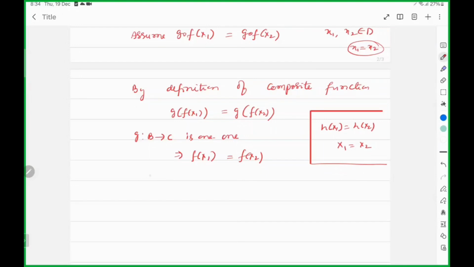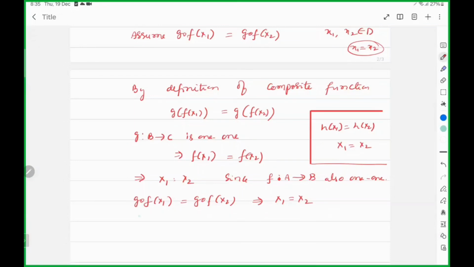Now, this implies again x1 equal to x2, since f mapping from A to B is also 1-1. So I assumed g circle f of x1 is g circle f of x2, and I concluded that x1 is x2.